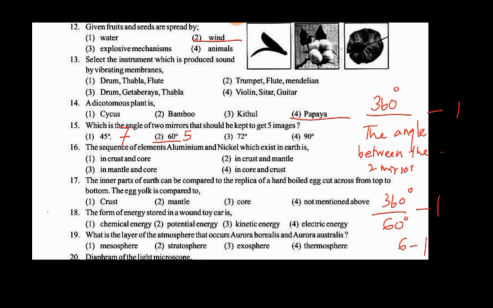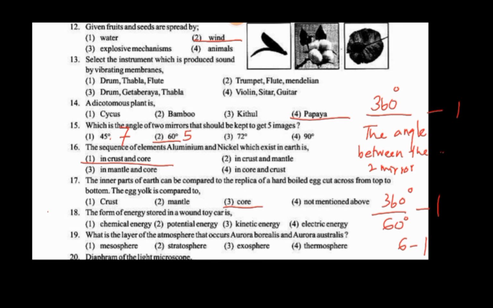Aluminium and nickel. Aluminium is present in the crust and nickel is present in the core. The answer should be the first answer. The inner parts of the earth can be compared to the replica of a hard-boiled egg cut across from top to bottom. The egg yolk is compared to the core, right?